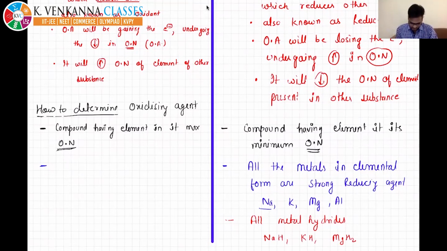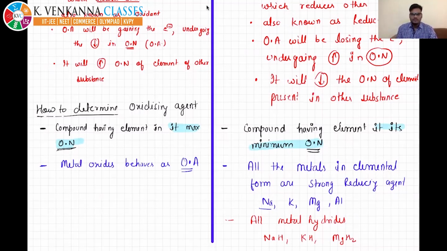In this case, metal oxides, generally, behave as oxidizing agents. So if you want to determine an oxidizing agent, you need to check the maximum oxidation number. In this, you have to check the minimum.